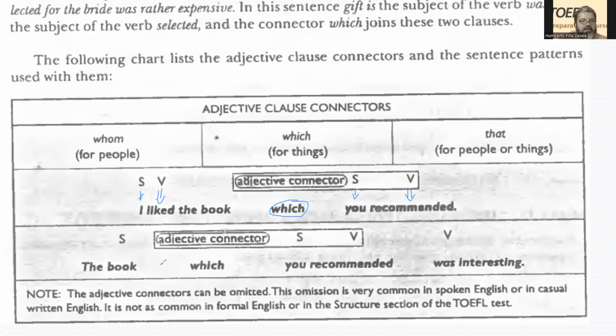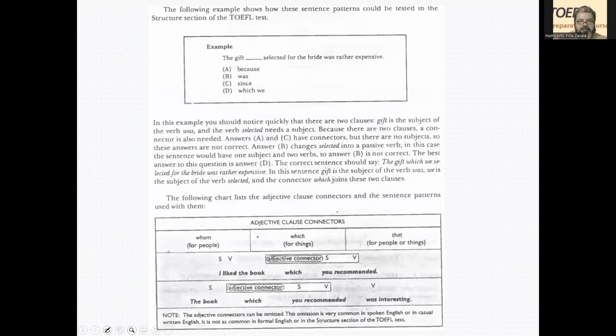The book which you recommended was interesting. We have the book as the subject for the verb was interesting. The book was interesting. Which book? The book which you recommended. Okay, that's what we're working with here.